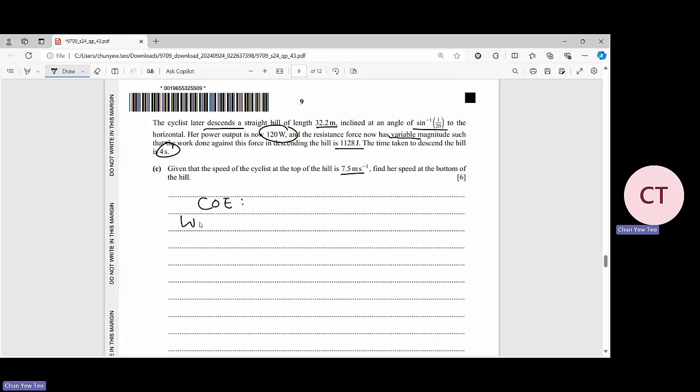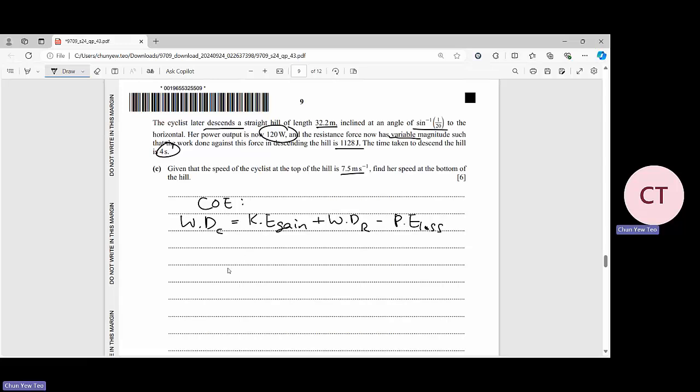We have the work done by the cyclist is equal to, as you're going down the hill, we can foresee the GPE, the potential energy loss, by the KE gain. Then we have the work done by the resistance is also there, minus the PE loss.